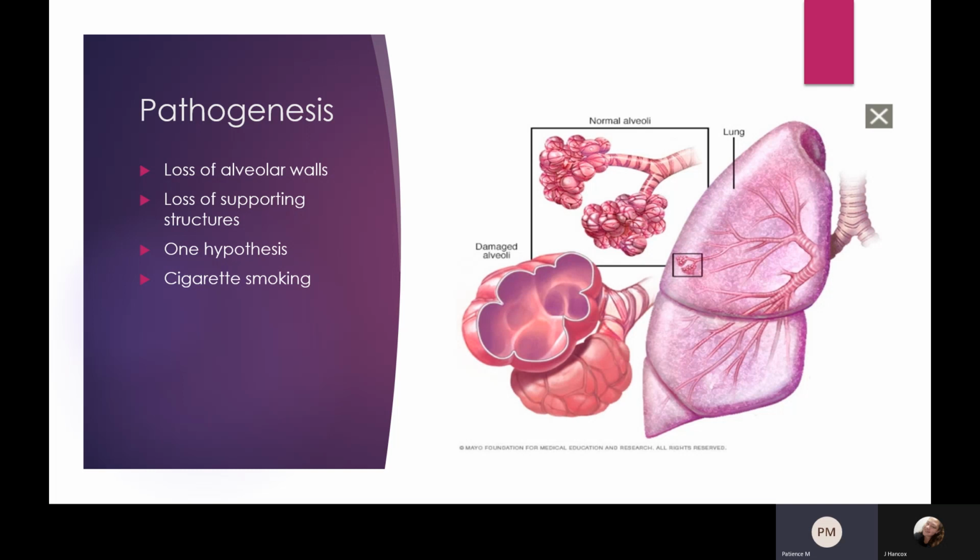Animals that have had neutrophil elastase instilled into their airways develop histologic changes that are similar in many ways to emphysema. Cigarette smoking is an important pathogenic factor and may work by stimulating macrophages to release neutrophil chemoattractants such as C5a or by reducing the activity of elastase inhibitors.